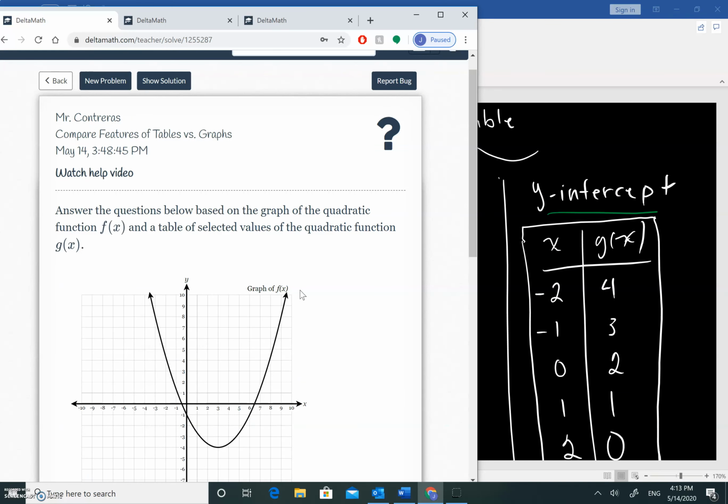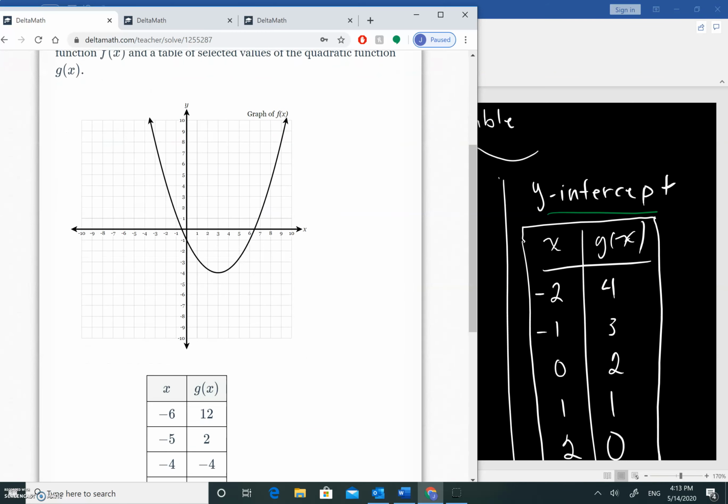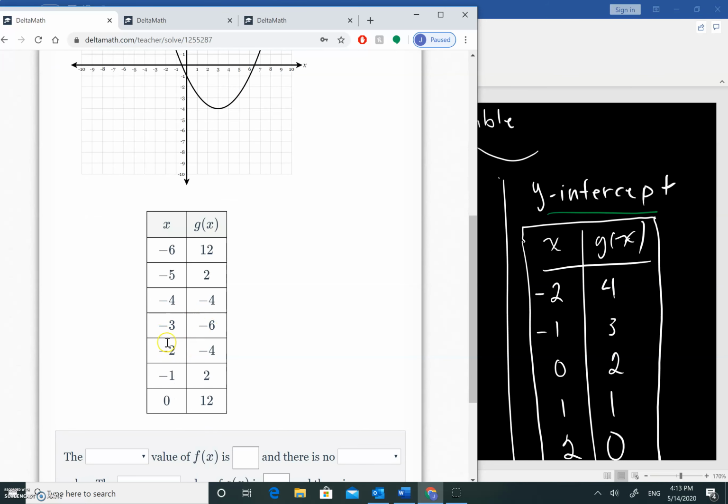It asks you to answer the questions below based on the graph of the quadratic function and a table of selected values of the quadratic function g of x. So for the parabola that I have, notice that for this graph, my minimum is at 3, -4. And for the one we did in the notes, it is going to be -3, -6.